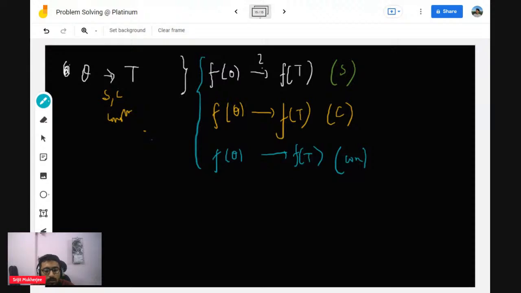For f(theta), T is also sufficient, because by the factorization theorem, the joint PMF equals g(T, theta) times h(x). And if the parameter is f(theta), then it is g(T, f(theta)) times h(x), and f(theta) is also a function of theta.